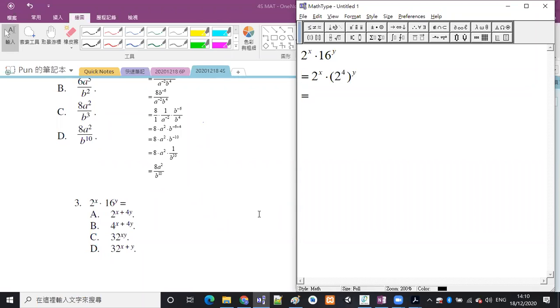And then 2 to the power x, nothing to do. And then power of power, just multiply the powers together. Becomes 4y. And we have a power of 2 times another power of 2, then we just add their indexes together. It becomes 2 to the power x plus 4y. And you can find the answer now. Option A.